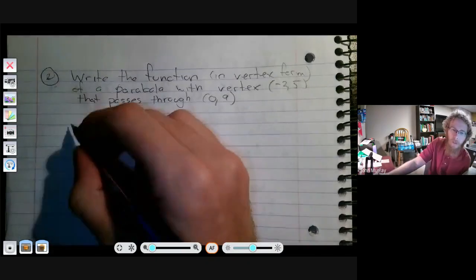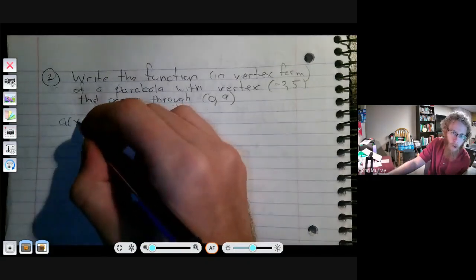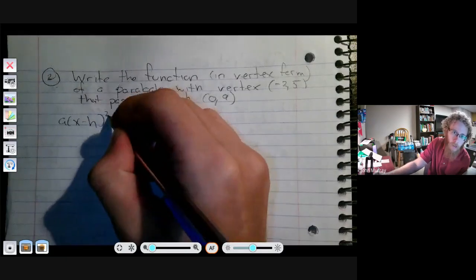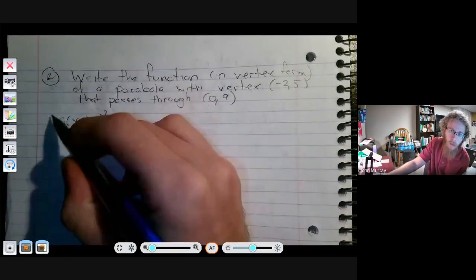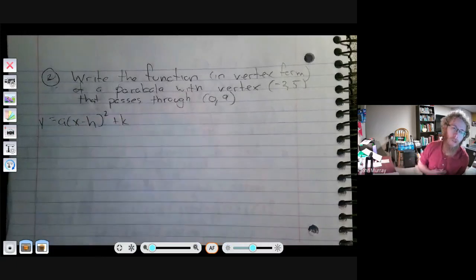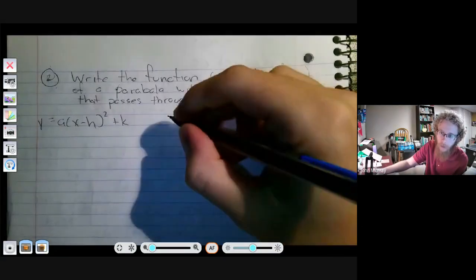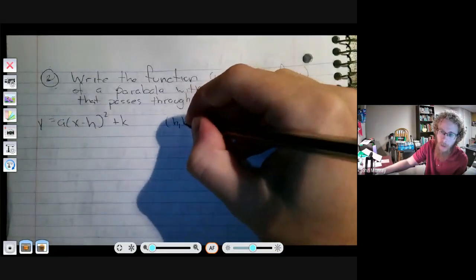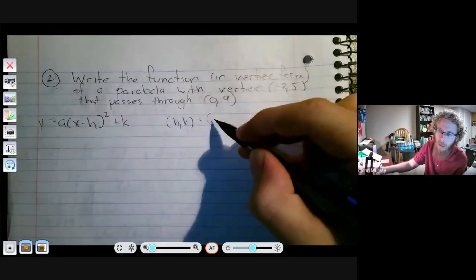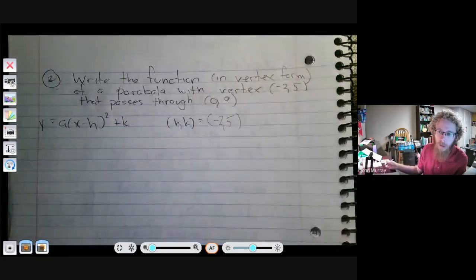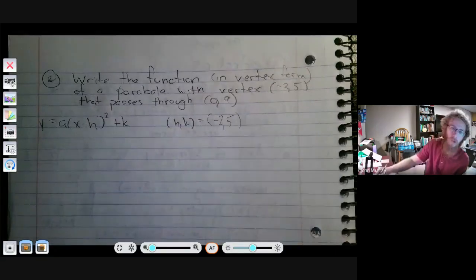All right, so again, the first thing I'm going to do is I'm going to write down what our vertex form looks like. Y equals a times x minus h squared plus k. All right, again, they give us the vertex. And just, again, be careful when you plug in with your signs.